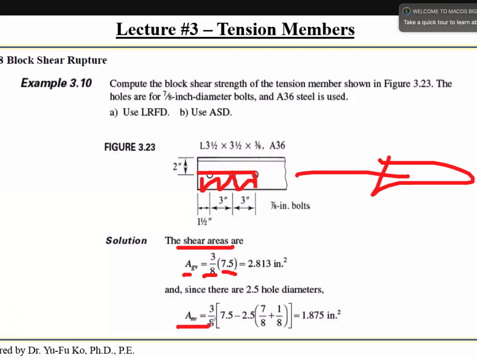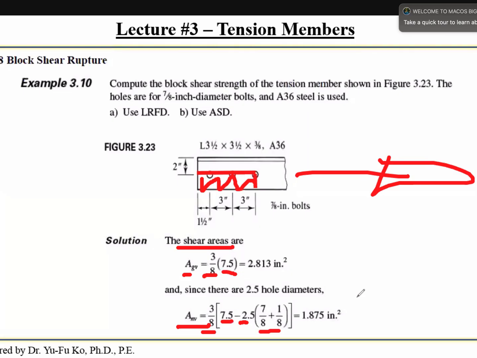As for the net shear area, it will be 3 plus 3 plus 1.5, which is 7.5. But how many bolts do you have? You need to subtract along the shear area, which is 2.5 of the effective bolt diameter, times the thickness of the angle, and you get 1.875 square inches.